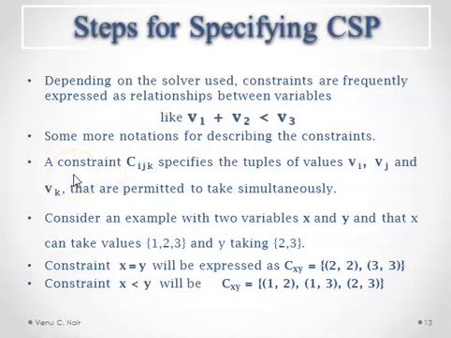Let us consider a notation C of ijk, meaning a constraint on i, j, k, specifying values for the variables with these three options: v of i, v of j, and v of k. And these values for i, j, and k are permitted simultaneously. They can have some values at the same time.